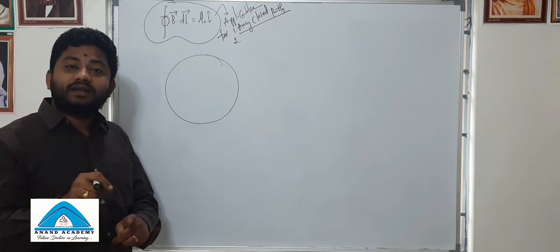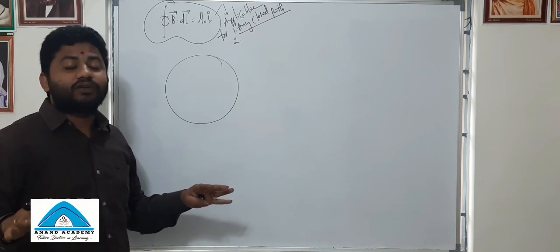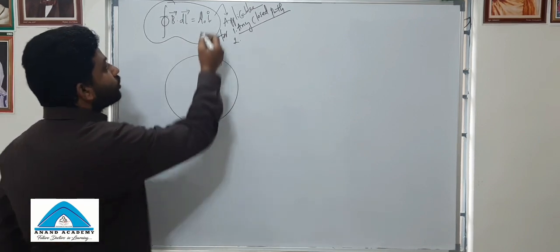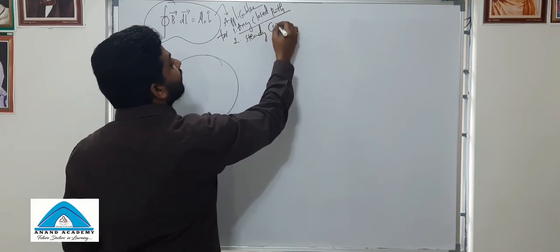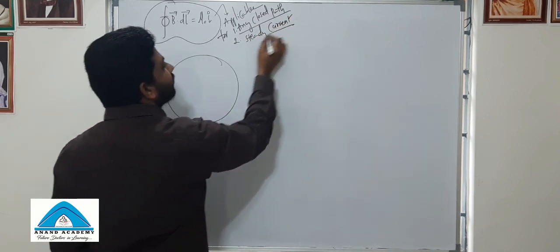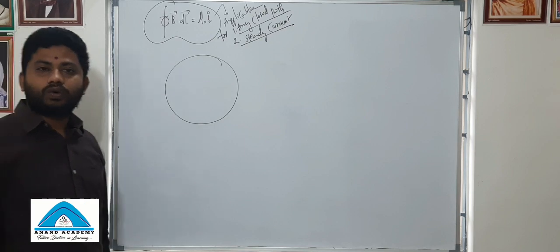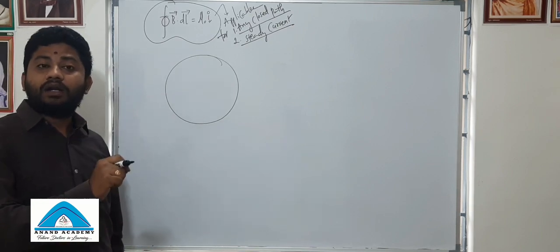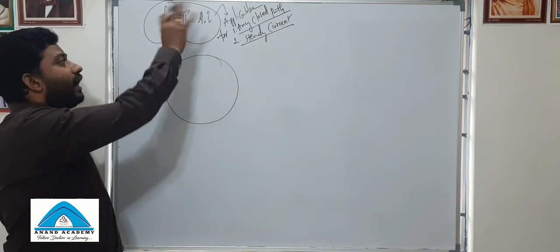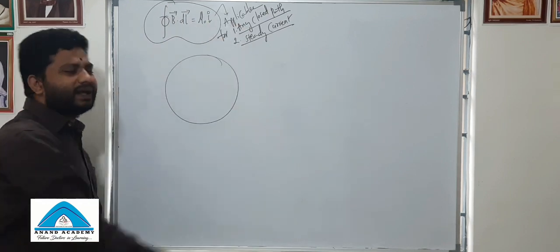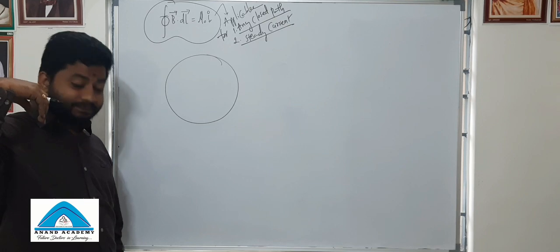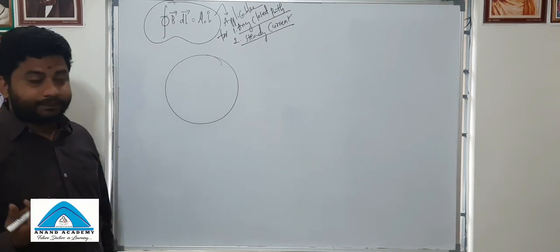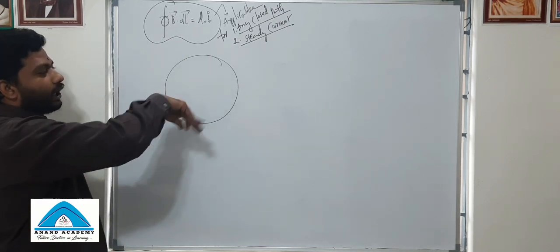If it is a variable current, the Ampere Circuital law is not valid. So this current I must be the steady current. These are the two conditions or limitations for Ampere Circuital law: any closed path, and steady current only. Now, so this is a closed path.